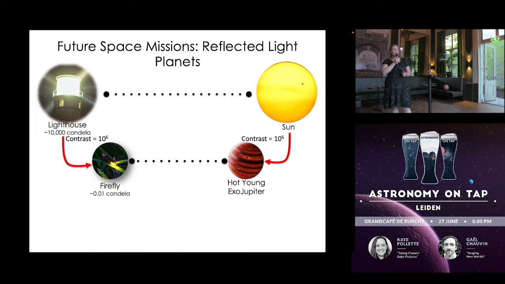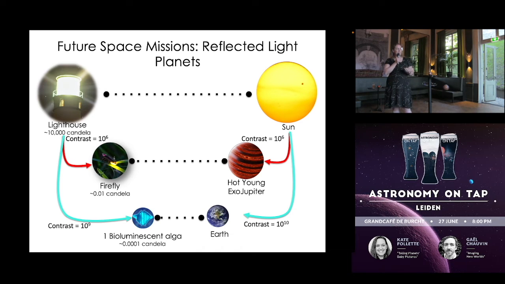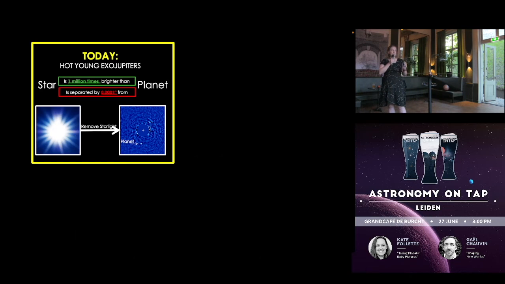Well, on my scale model here, Earth is another factor of 10 fainter than a Jupiter. That's a single bioluminescent alga. I had to look up what the singular of algae was, and it never occurred to me to think about things on that scale. But we will be able to do this with not too distant technology.